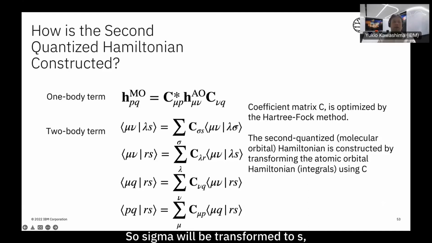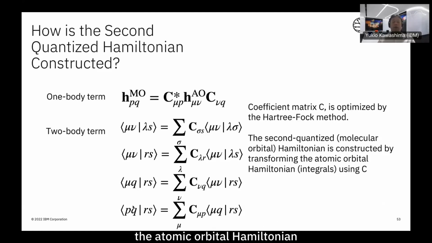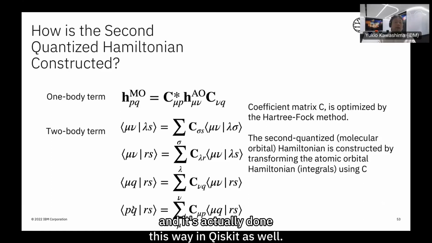So sigma will be transformed to S, lambda to R, nu to Q, and mu to P. What we're actually doing is transforming the atomic orbital Hamiltonian into a molecular orbital Hamiltonian. That's how it's done, and it's done this way in Qiskit as well.